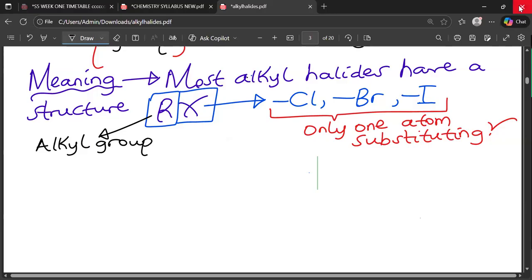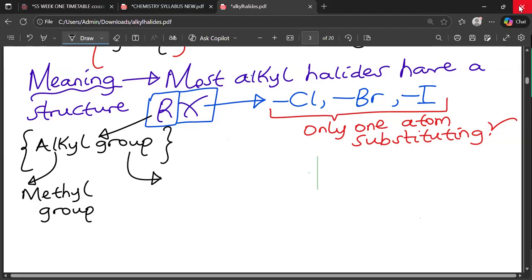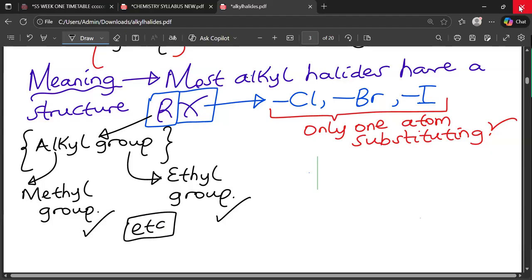Alkyl group, you know, it can be the methyl group. Alkyl group can be the ethyl group. If you have issues with these things of ethyl, methyl groups, go to the introduction of organic chemistry. You will thank me later. Ethyl group, methyl group, etc. There are others. But at your level, we always basically concentrate on that.